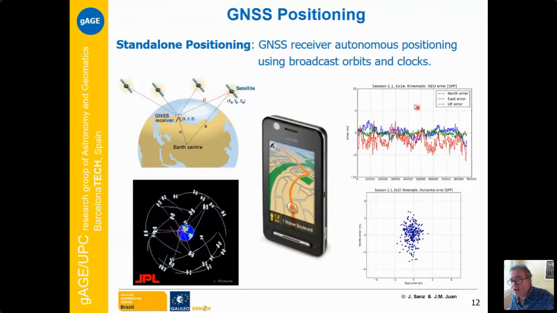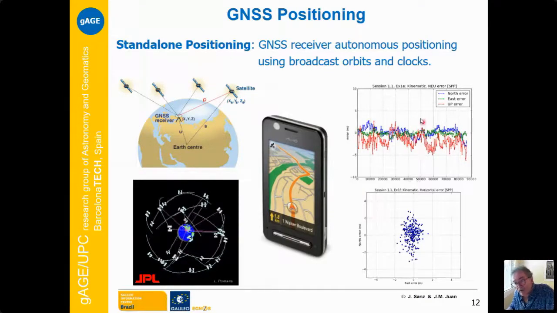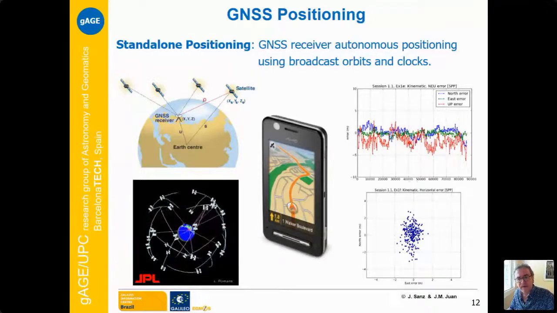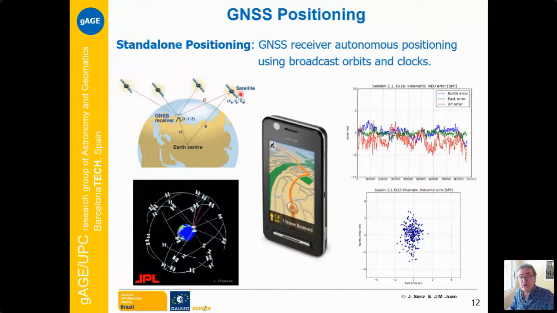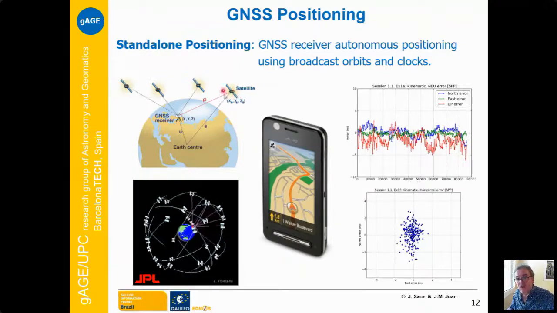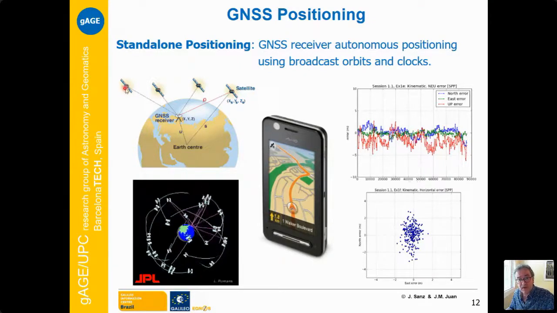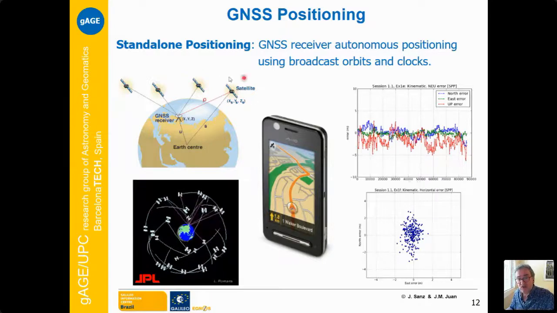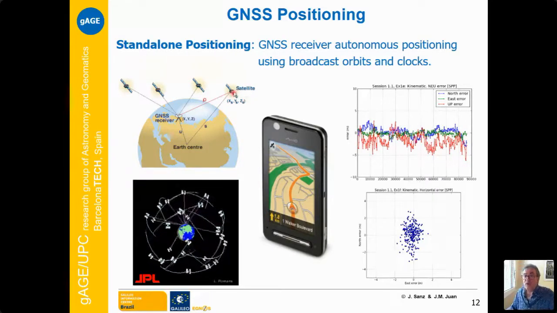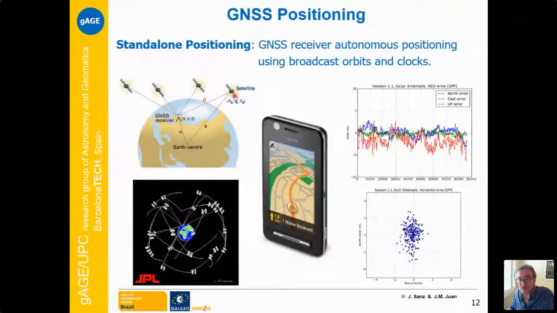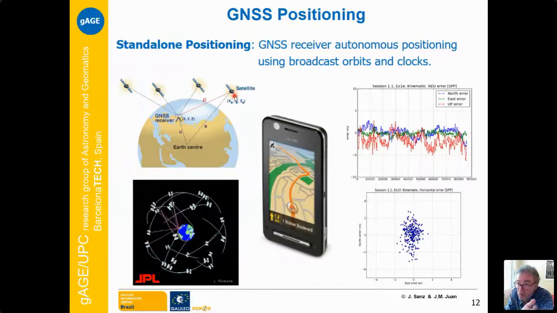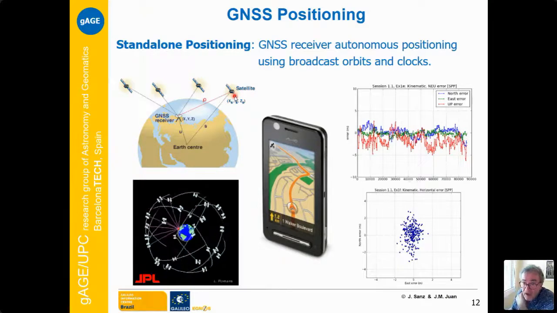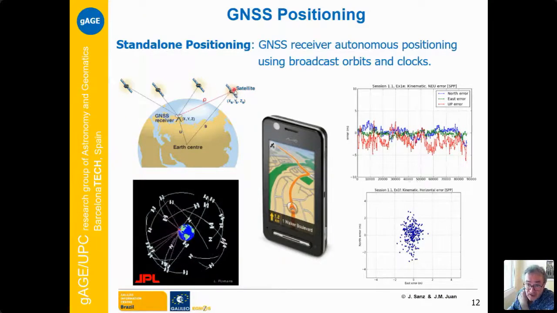This is based on code measurements or smoothed code measurements and the broadcast message. In the broadcast message, we have information to compute the satellite coordinates. As we saw before, using the broadcast message we can compute the satellite coordinates with accuracy of about 1 to 2 meters, and the satellite clock offset.